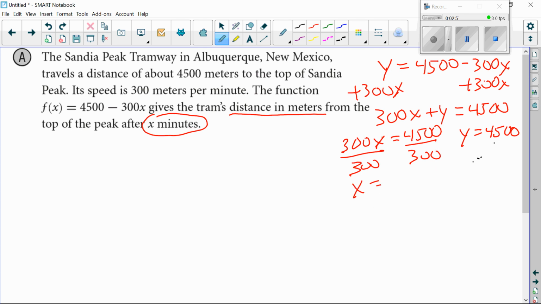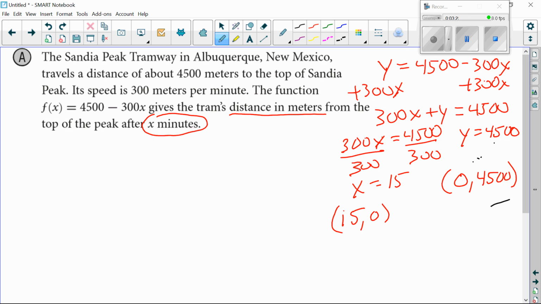And x is equal to 15. So the actual point for this, if we were to graph it, would be 15, 0. This one's already solved, so y is equal to 4,500. So the actual point for this one is 0 for x and 4,500.